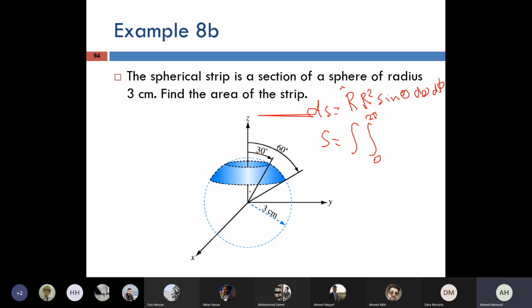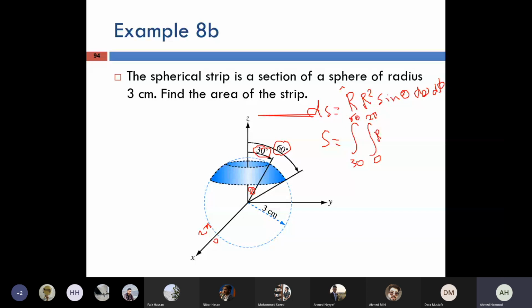You can see here are theta and here are phi. Phi covers all this circle, that's why it's from 0 to 2 pi. Then the second one is theta, which is from 30 to 60.